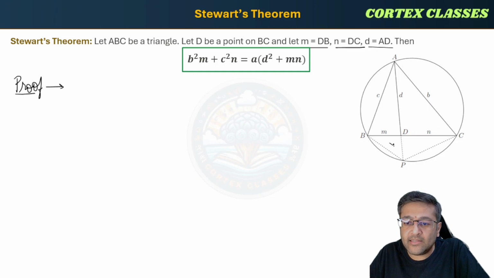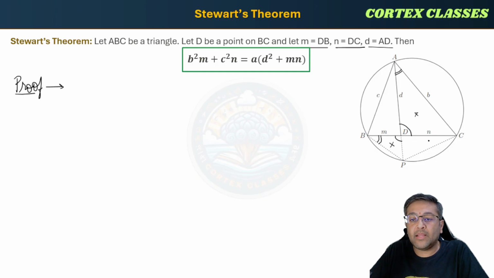So guys, can we say that these two triangles are similar? These opposite triangles are similar. Why? Vertically opposite angles are equal, right? And this angle is equal to this angle, right? Angles in the same segment. The two angles are subtended by the chord PC, or the arc PC subtends these two angles जो मैंने mark किए हैं.